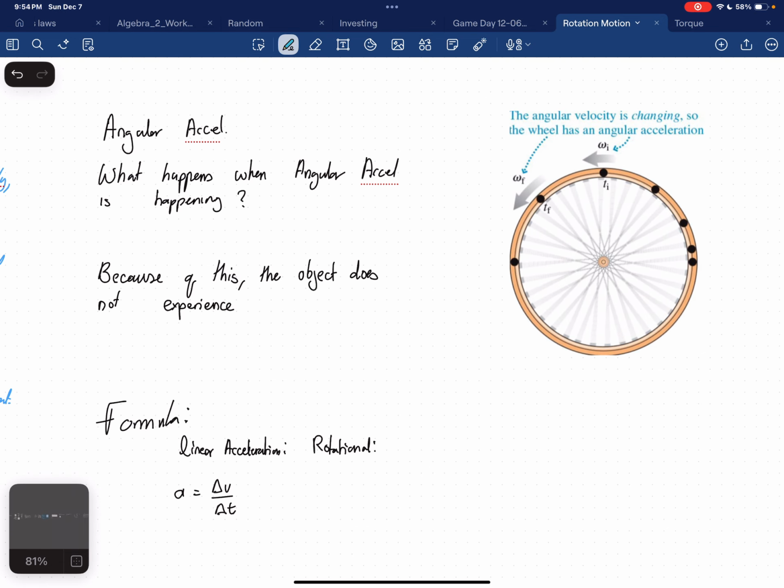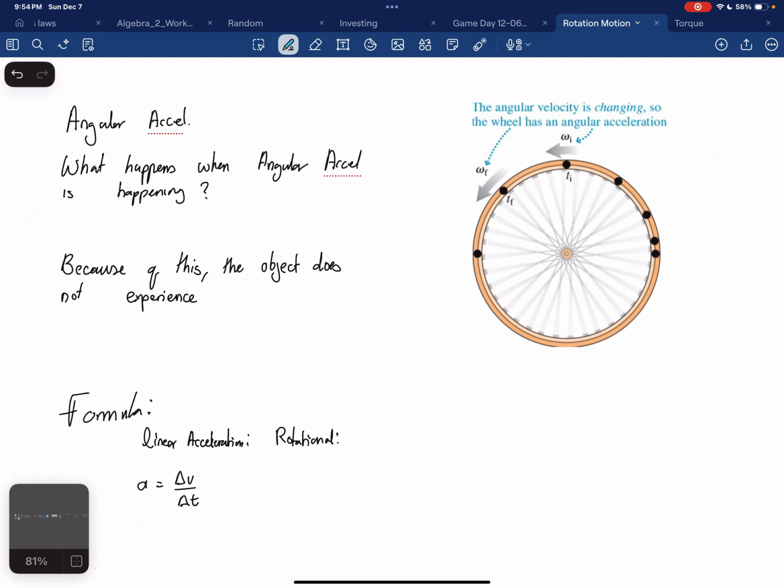So let's talk about angular acceleration. What happens when angular acceleration is happening? Angular velocity is changing. Because of this, the object does not experience uniform circular motion. Do you remember how we defined uniform circular motion?